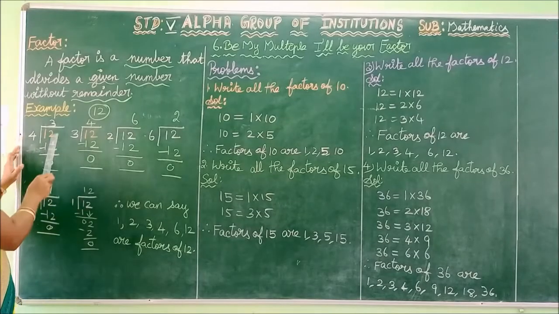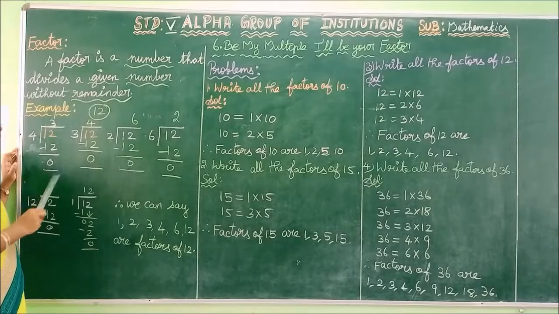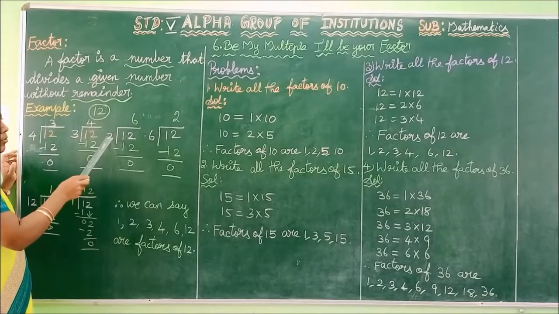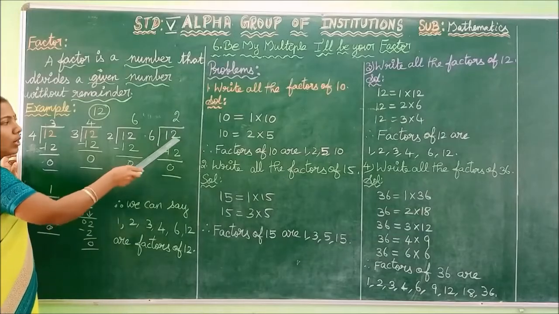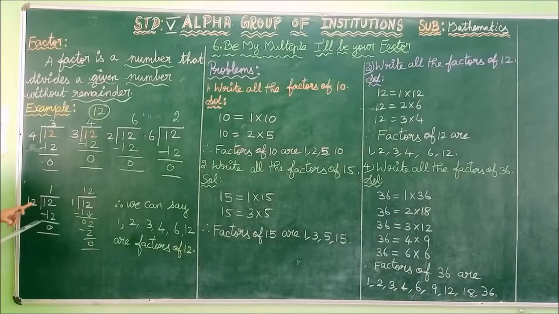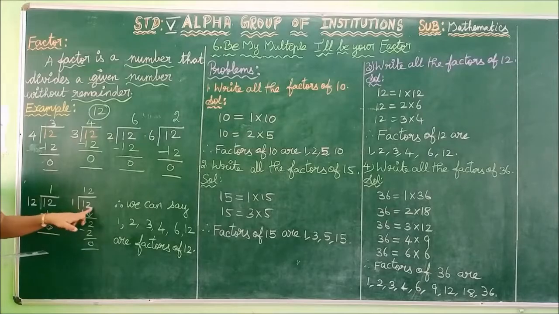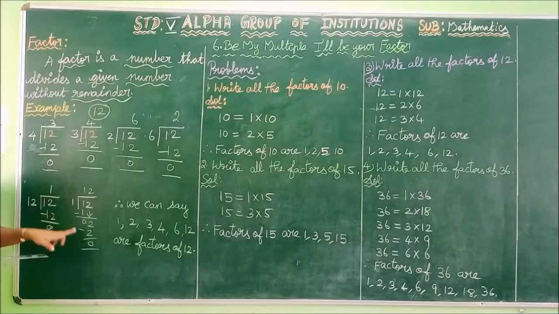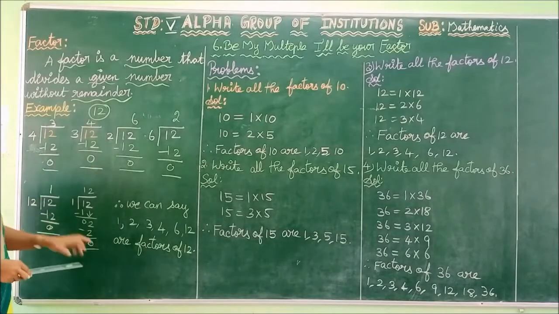Thus, we divided 12 by 4, getting remainder 0; 12 by 3, remainder 0; 12 by 2, remainder 0; 12 by 6, remainder 0; 12 by 12, the number itself, also remainder 0; and 12 by 1, also remainder 0. So we can say the divisors are the factors of 12.